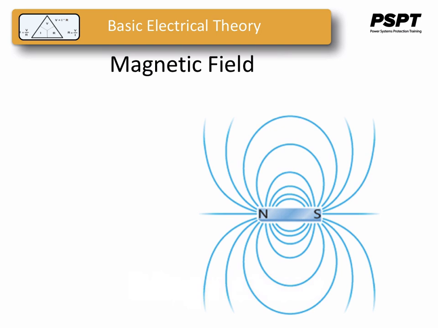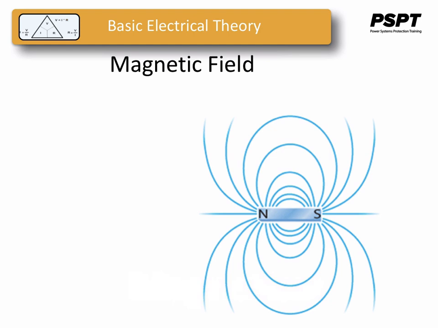The same thing happens in magnetic fields, and there are two types of magnetic fields. There's a permanent magnet that sets up a field, and kids play with magnets all the time, and there are magnets that are used in industry and in tools. And there are also electric magnetic fields, which we'll discuss in a few more slides.